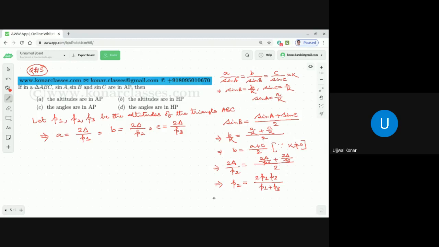That means P1, P2, P3 are in HP, and eventually we get the correct option as option B, dear students.